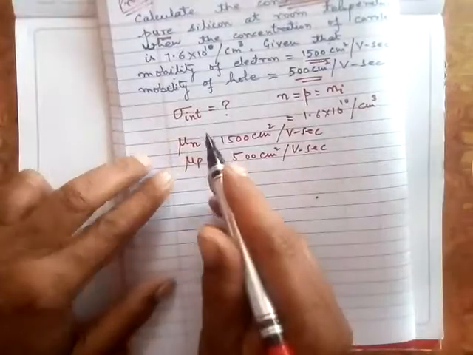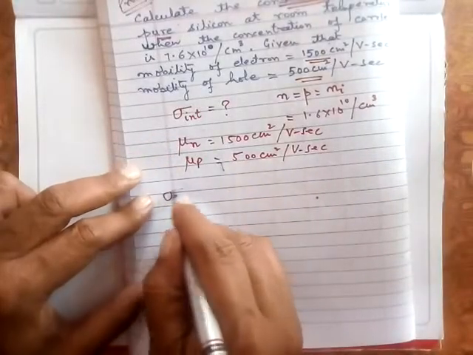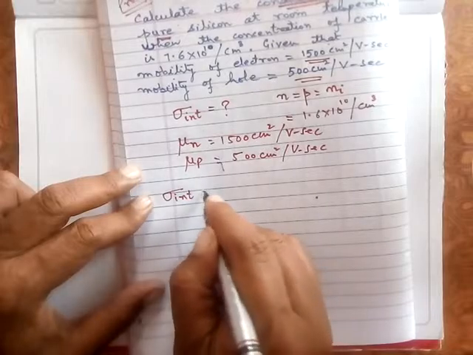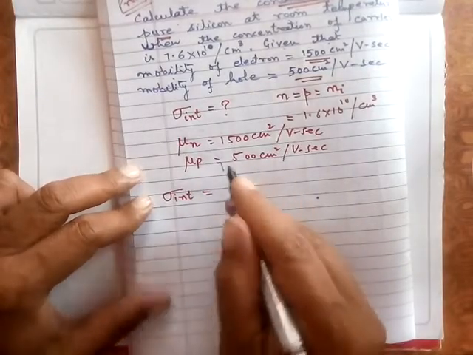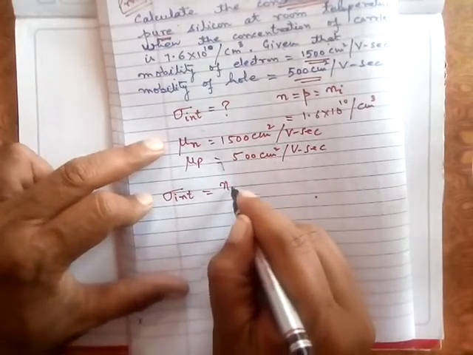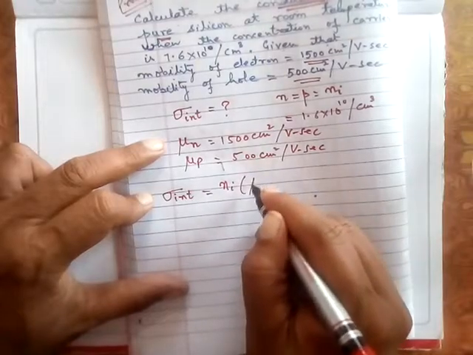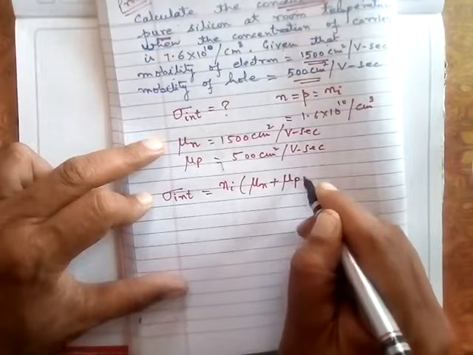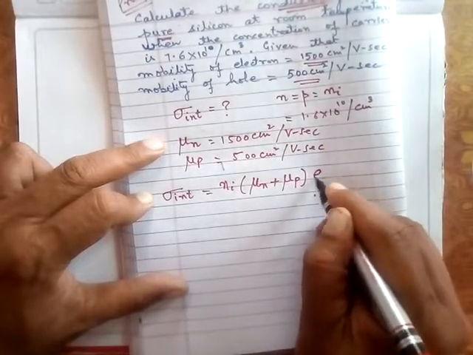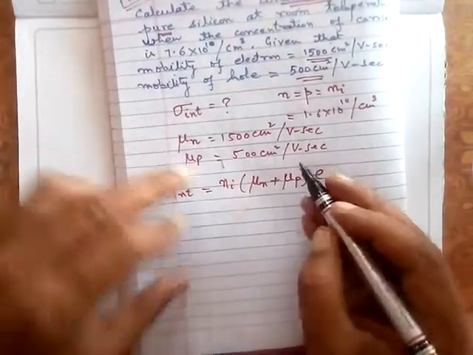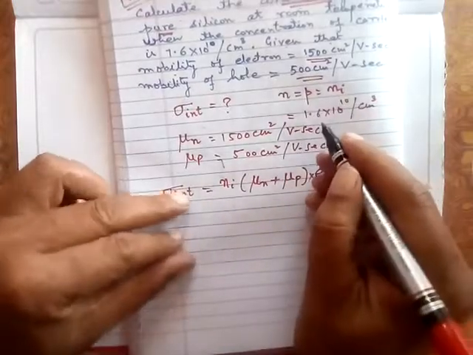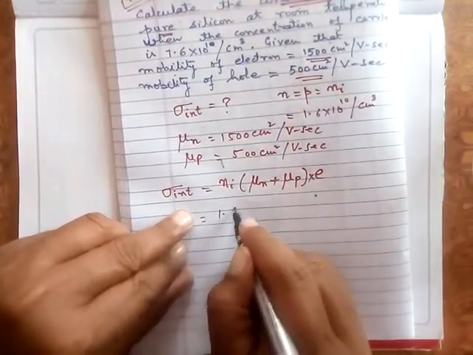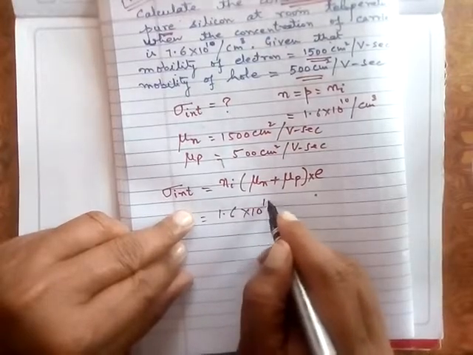So I know that the conductivity of an intrinsic semiconductor, I derived this with you in the last lecture, is equal to Ni, the intrinsic concentration, into (mu n plus mu p), this factor, into the electronic charge E. So I substitute the values. Value of Ni is 1.6 into 10 to the power 10.